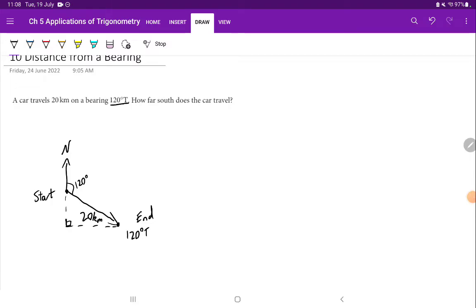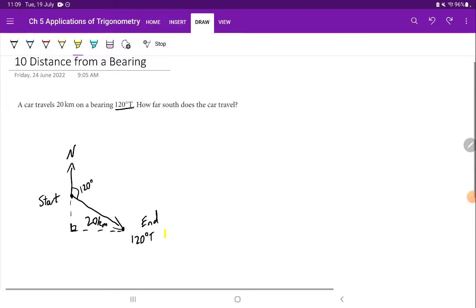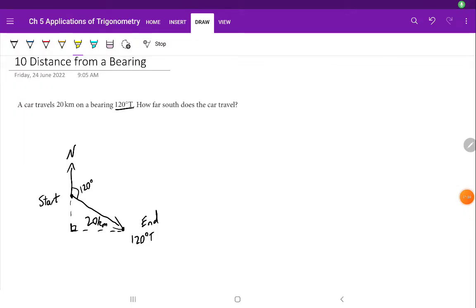Since we traveled in this direction, we traveled both south and east at the same time. So we want to know just how far south we went.